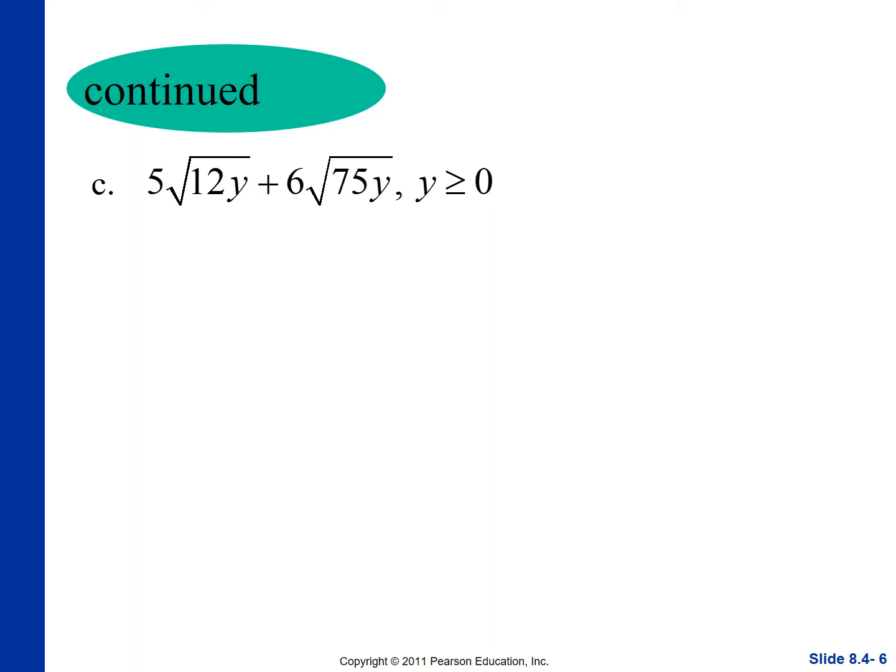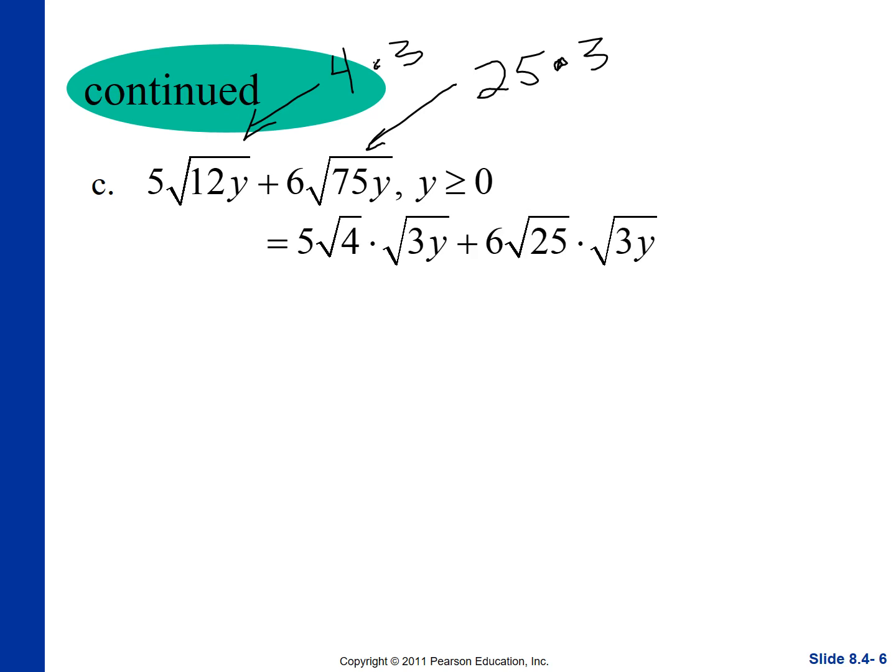You're going to have to look at these values and know that 4 times 3 is 12, so 4 is your perfect square. And this is another one with 25 times 3 inside. You need to recognize the perfect squares, and we always want to end up with the same values under the radical sign.